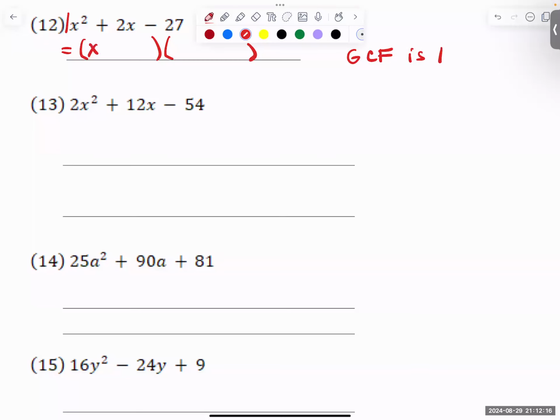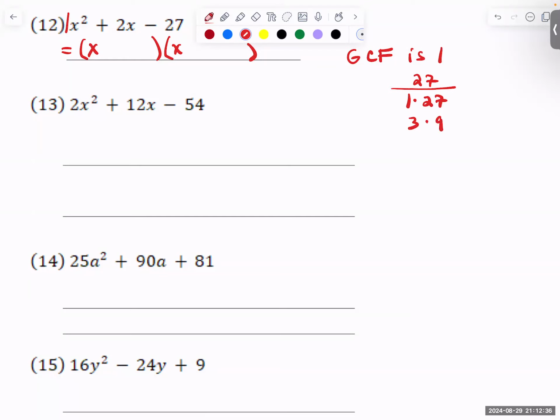First term is x, and then we look at the constant 27 and think of the pairs of factors of 27: 1 times 27, 3 times 9.